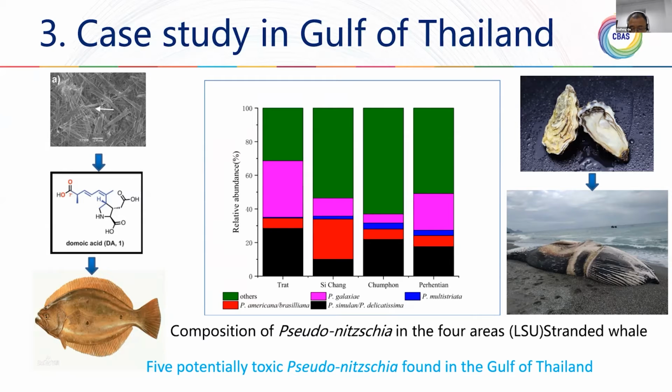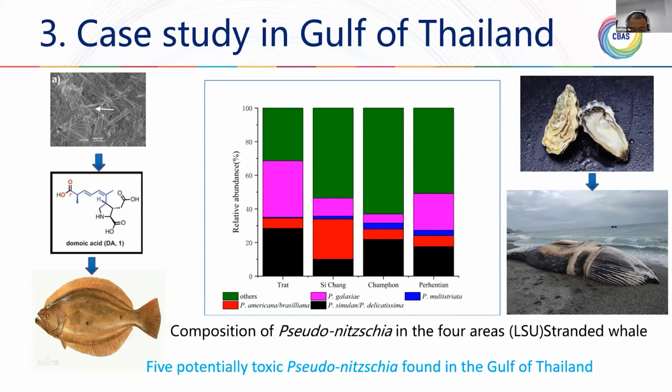Pseudo-nitzschia americana and Pseudo-nitzschia brasiliana could not be differentiated based on the LSU sequence. So is the case of Pseudo-nitzschia simulans and Pseudo-nitzschia delicatissima.